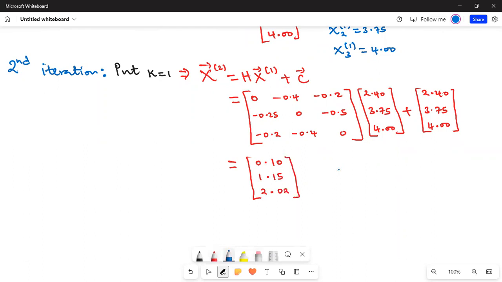What does it mean by these values? It is that x1 at level 2 is equal to 0.10. X2 at level 2 is 1.15. X3 at level 2 is 2.02.